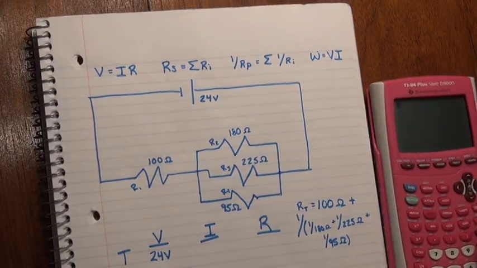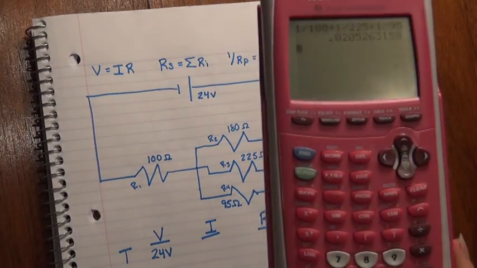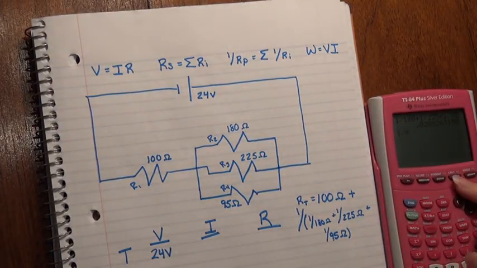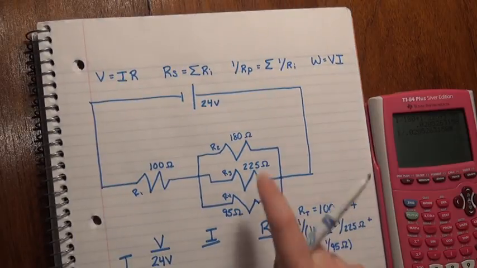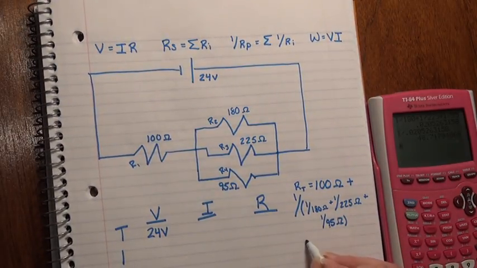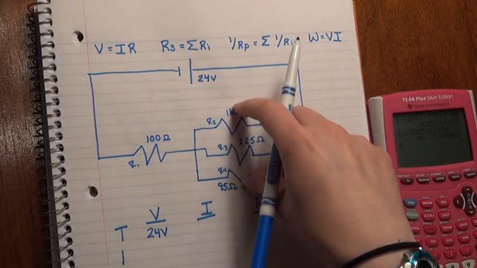And so what we're going to do is add up these reciprocals, so 1 divided by 180 plus 1 divided by 225 plus 1 divided by 95, which gives us a decimal. And then we're going to take 1 over that decimal per our equation up here for parallel, and that is going to give us 48.72 ohms of resistance for this parallel section here.